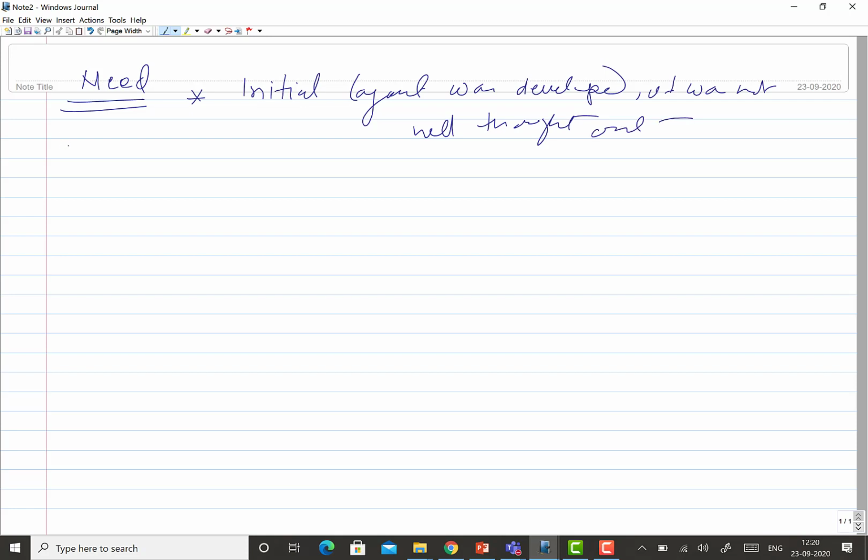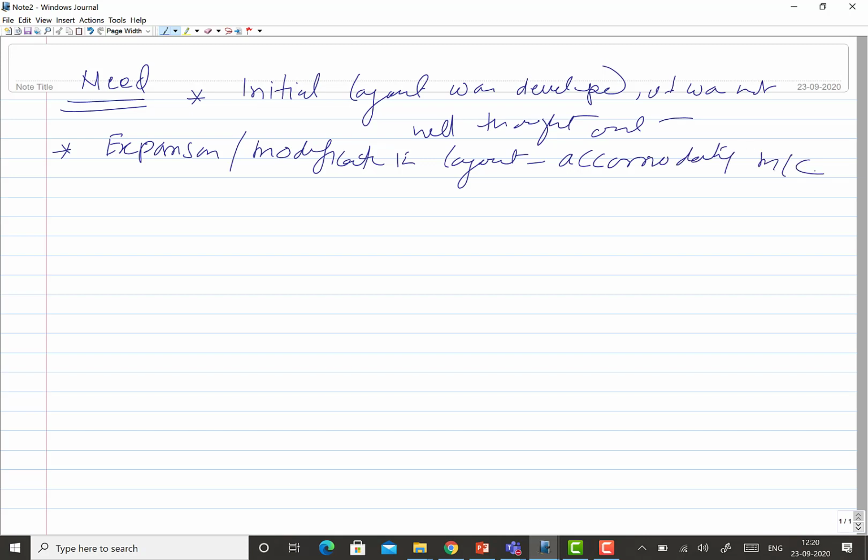The second possibility is that expansion or modification in layout was made in the form of accommodating additional machines, offices, material, storage space.